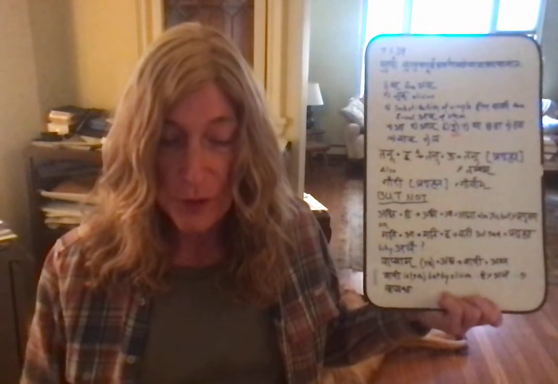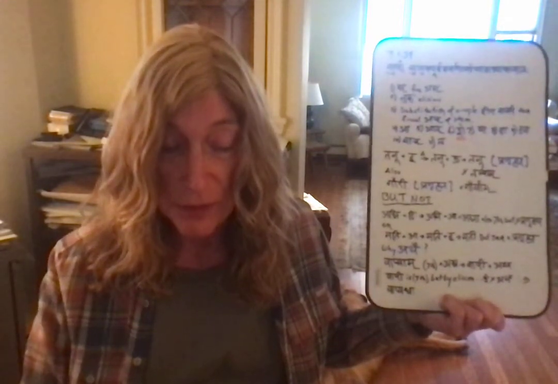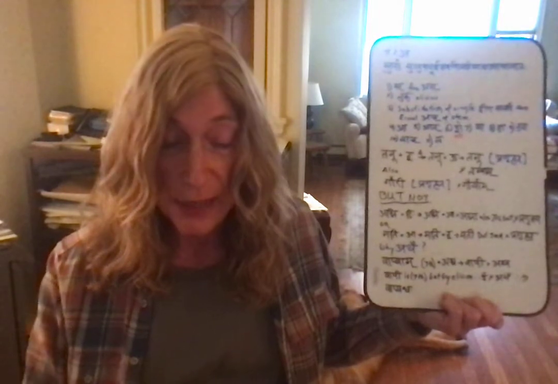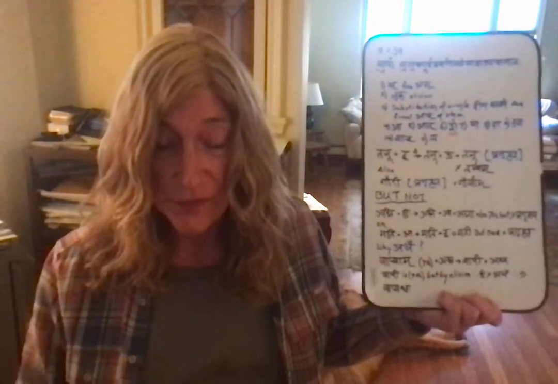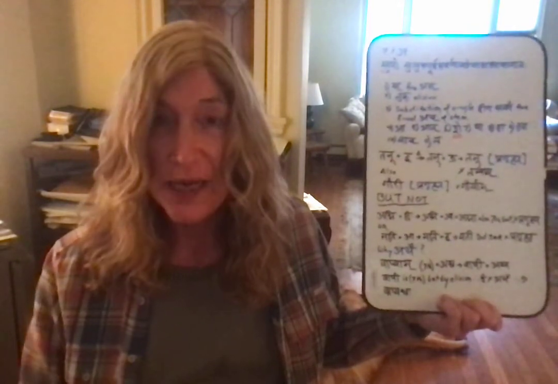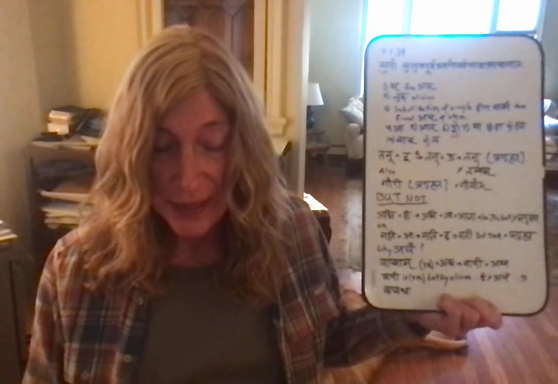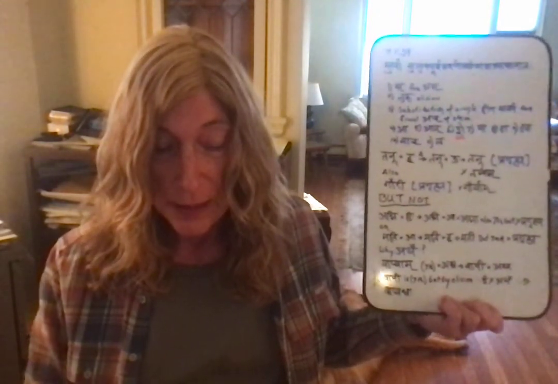So if you are going to make a compound of Gauri in the seventh, which would be Gauryam, and Ashva, you would drop the ending, and that would be Gauri.